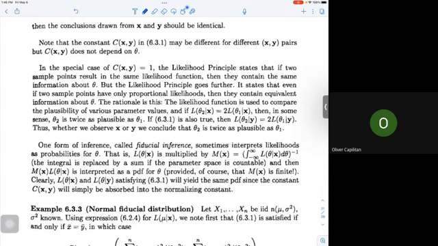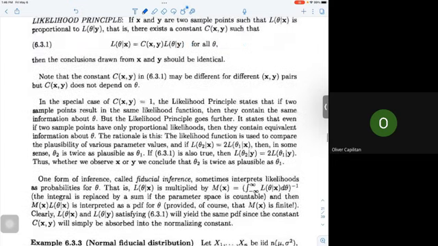But if equation 6.3.1 is also true, then the likelihood function of theta sub 2 given y will also be equal to twice the likelihood function of theta sub 1 given y. Thus, whether we observe the sample point x or the sample point y, we conclude that theta sub 2 is twice as reasonable or plausible as theta sub 1. So that is our likelihood principle.